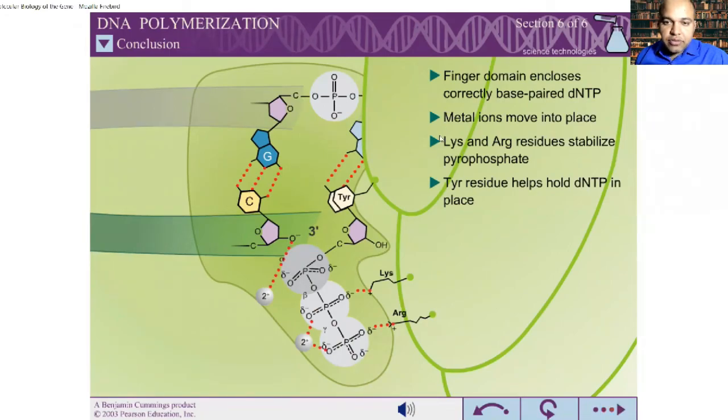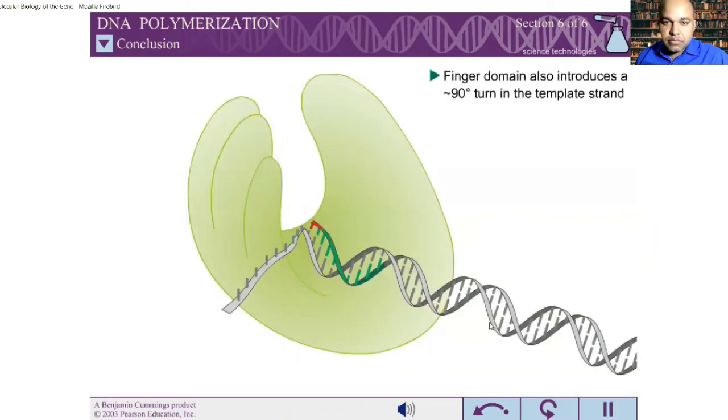Once the tyrosine residue comes in place, it is going to keep the base stacking interaction in place and keep the nitrogenous base in its exact location. The lysine and arginine residues minimize the negative charges over the phosphate molecules, the beta and the gamma phosphate. The finger domain also associates with the template region, leading to a nearly 90-degree turn of the phosphodiester backbone of the template strand.